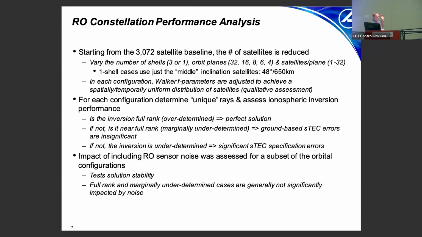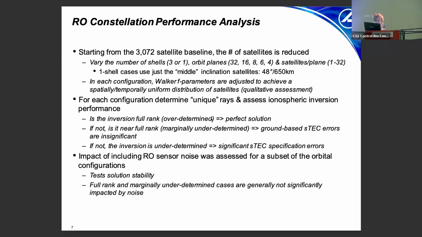We start with our overkill situation, 3,000 satellites, and we do our inversions, and we see how well they perform. And we vary the number of shells. We can throw away two-thirds of the constellation and just look at one shell. If we do that, we will pick the middle inclination and altitude. That's the shell that we're keeping.